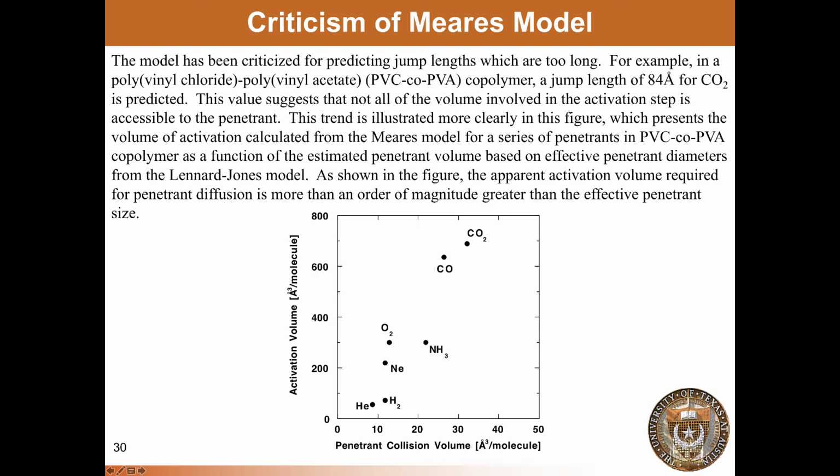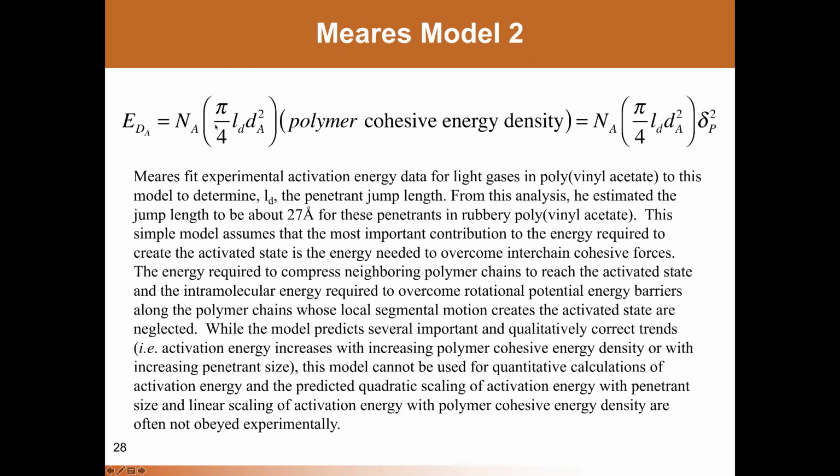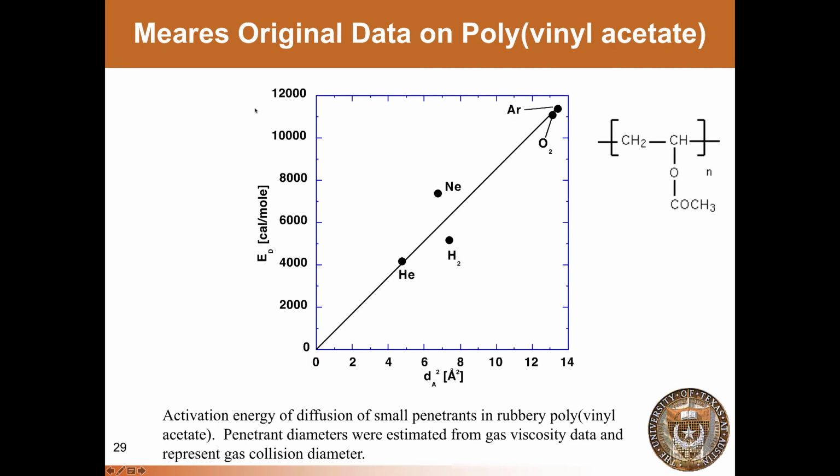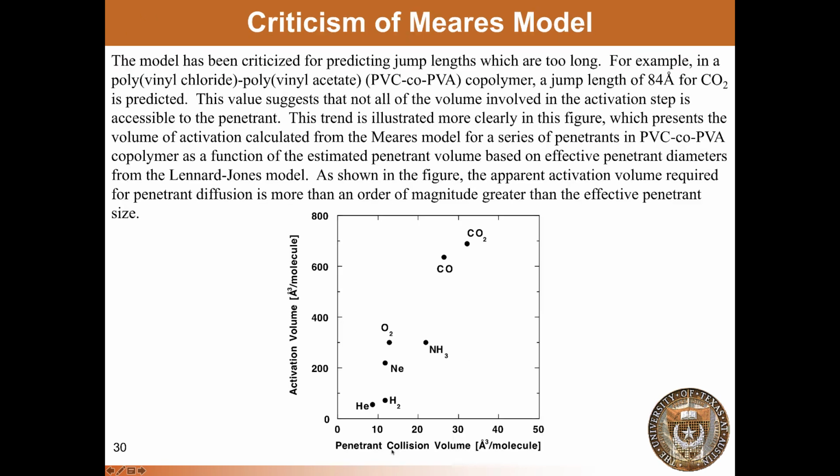One of the pieces of evidence presented for this is correlating the apparent activation volume calculated from the Mears model, that is, this apparent activation volume, with basically the volume of the penetrants. You can see that the volume that the penetrants might occupy is way smaller than the activation volume that's calculated from the Mears model.